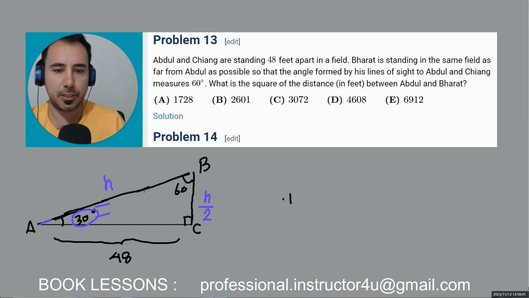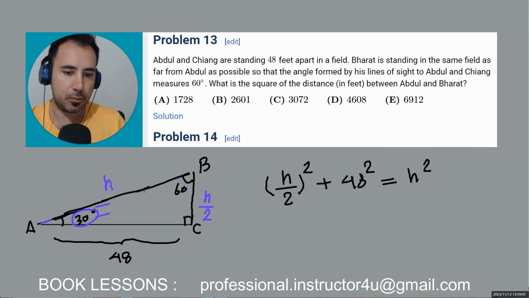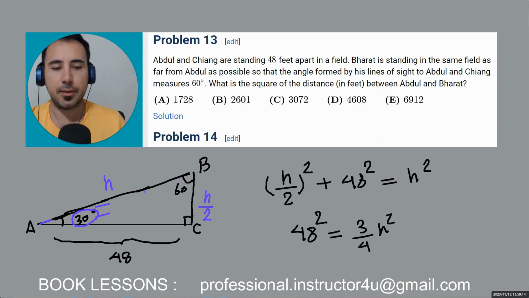So I'm going to write a very simple equation. Let me just clean this one first. So we're going to get H over 2 squared plus 48 squared is equal to H squared. So I will just expand this. 48 squared will be equal to 3 over 4 H squared.